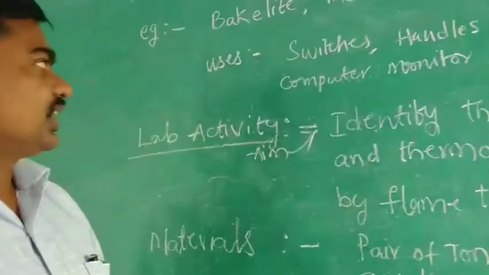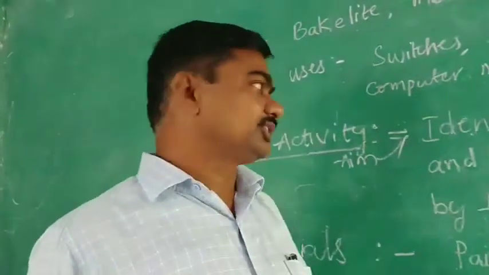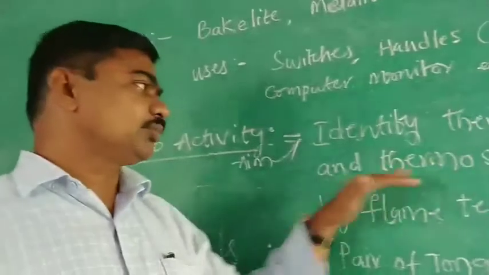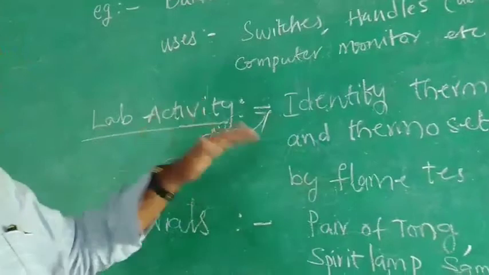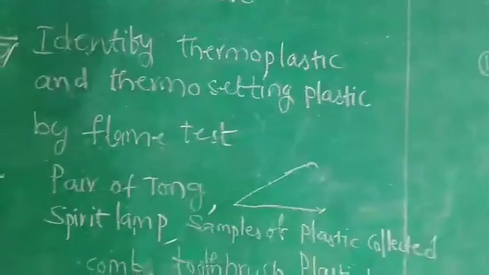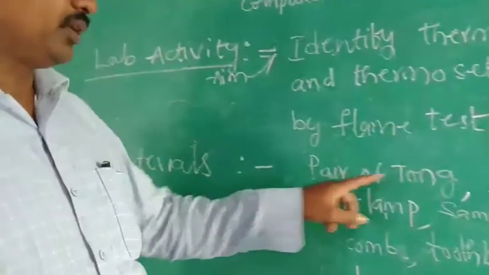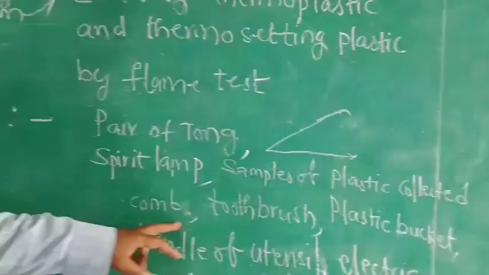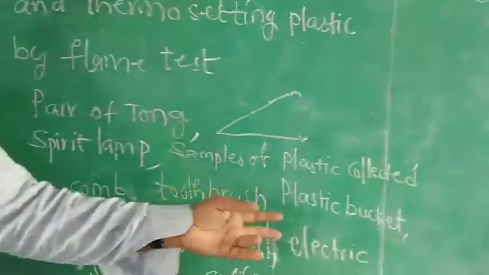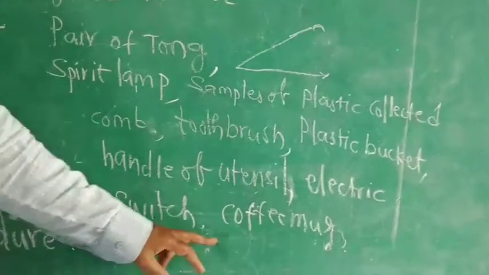Now in this class, what have we seen? We have seen identifying which type of plastic it is, thermoplastic or thermosetting plastic, by a flame test. For that, the materials we are taking are a pair of tongs, a spirit lamp, and samples of plastic collected: comb, toothbrush handle, plastic bucket, handle of utensils, electric switch, and coffee mug.